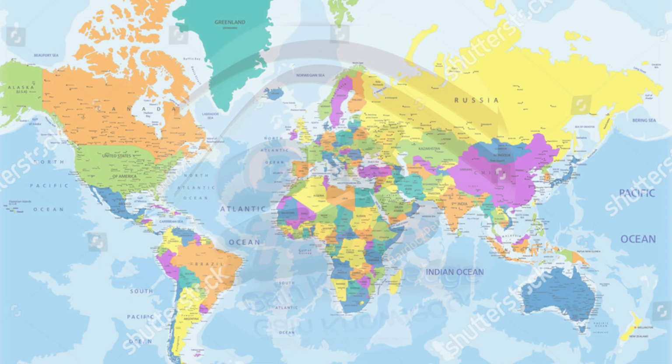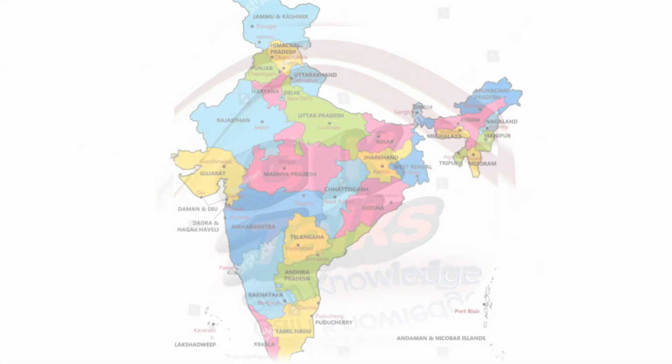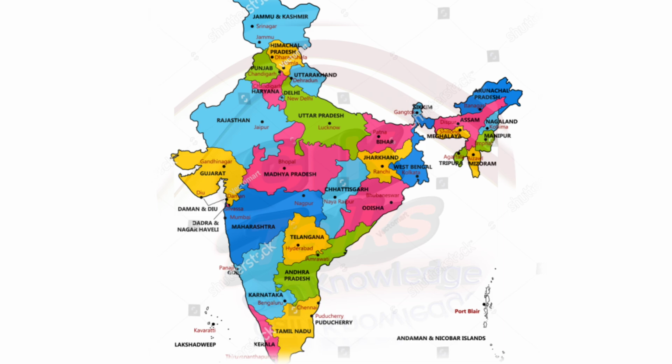Now let's talk about the advantages of maps. Maps are a very useful tool to study the earth. We can see the whole world at a time on a map. Maps can show various places of the world in great detail. Maps can even show a very small area like a city with a lot of information.